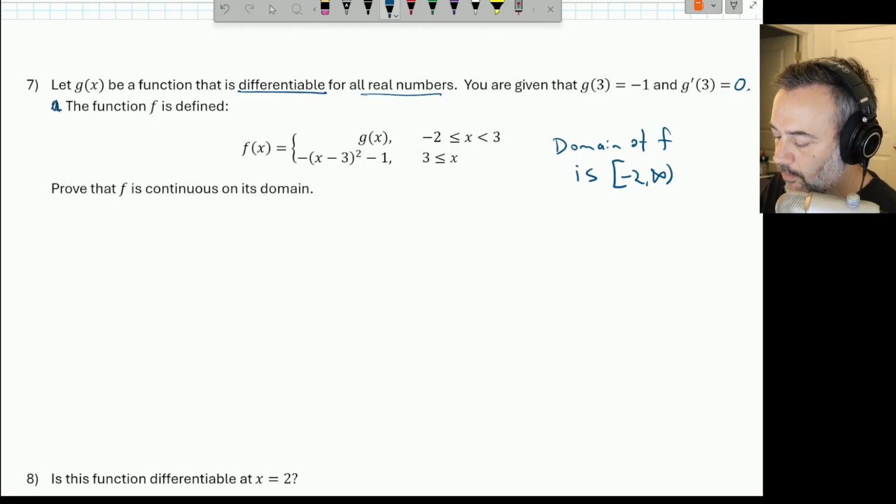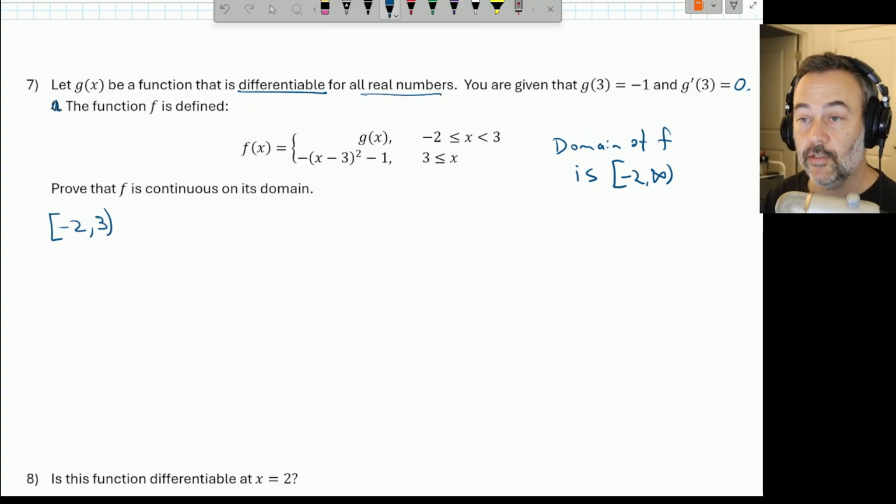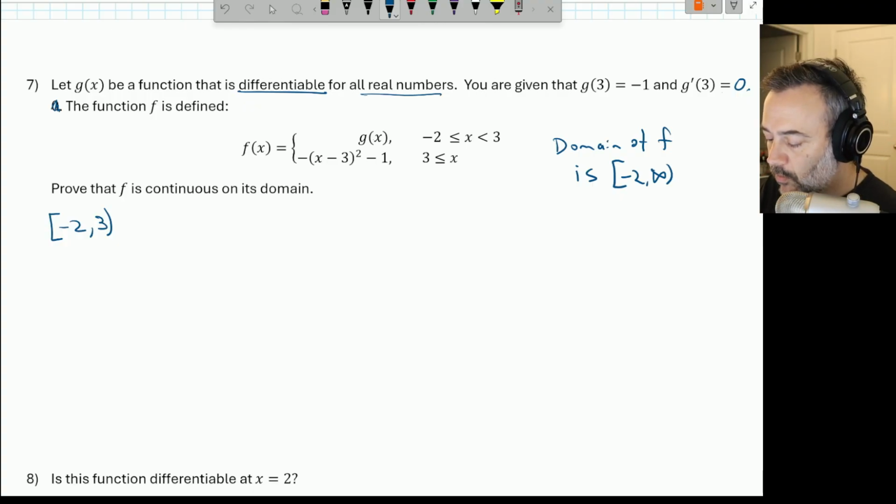Well, let's start with the interval -2 to 3, not including 3, because that's just determined by g.